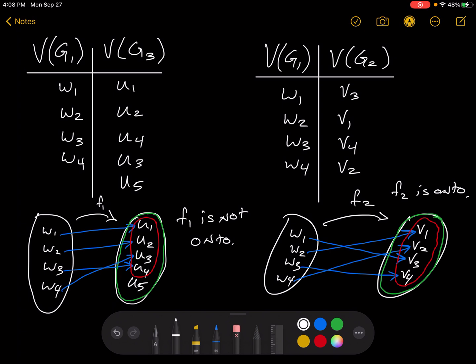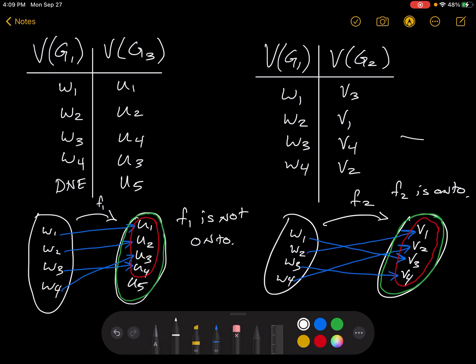Now, what is it about our tables that tells us these facts? So notice in this first table over on the left for f1, there's nothing in this entry here. You could even say something like does not exist. There's nothing in G1 that gets sent over to U5.